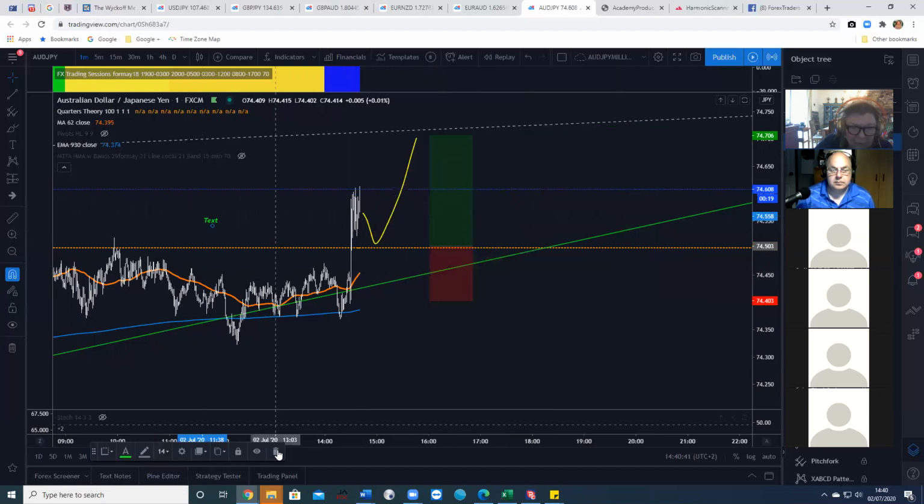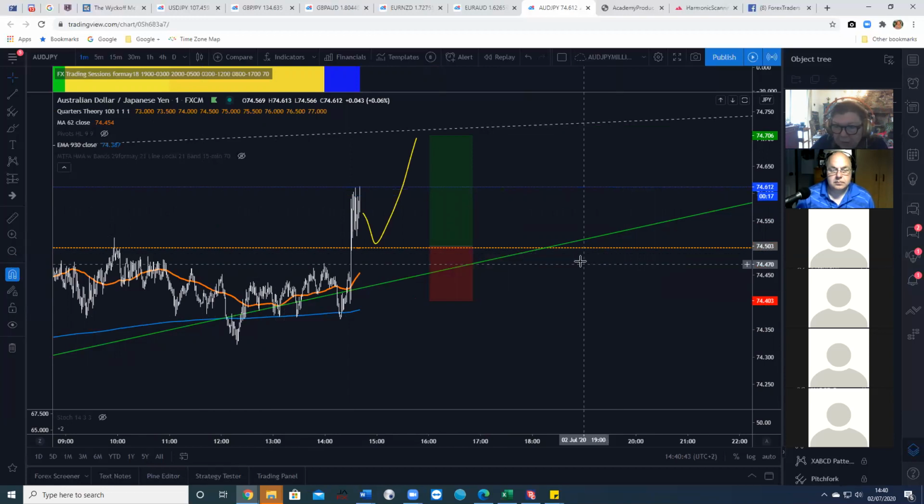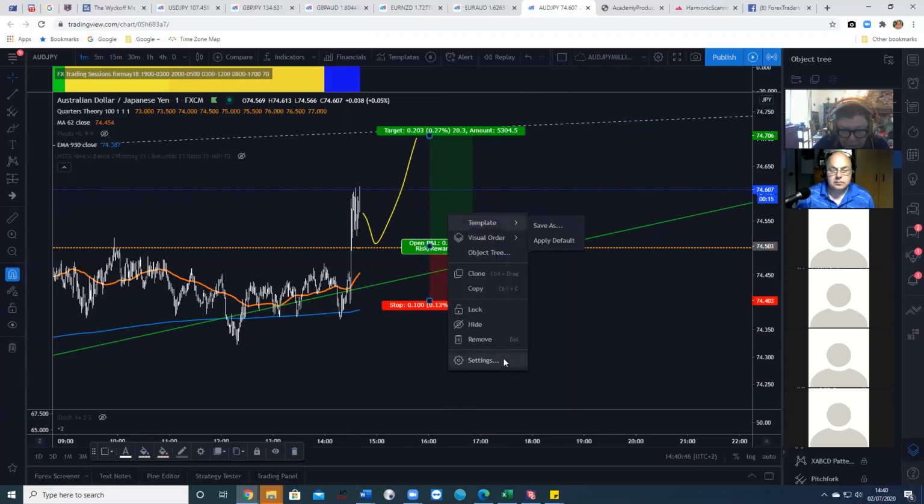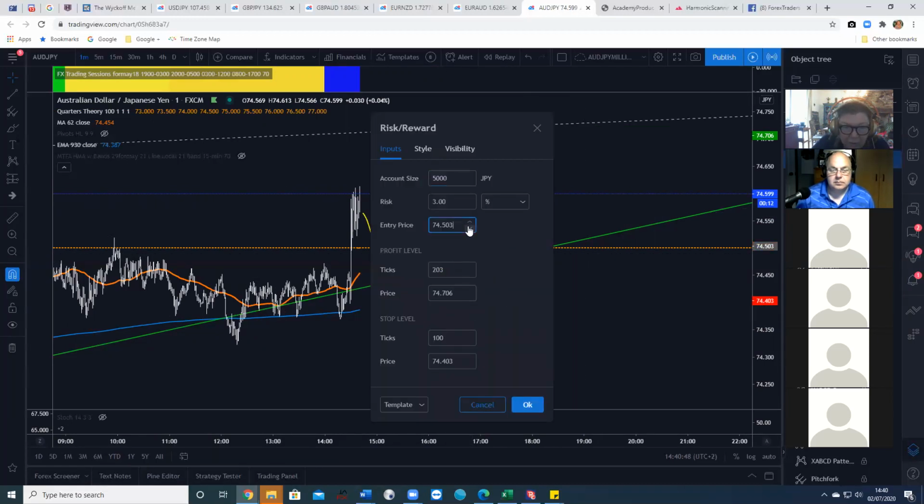And then you'd have an entry at 74.500, which is the quarter theory. Profit level at 74.700, but look at it after 74.600, the 10 pips, and make sure you've moved your stop loss to stop profit.